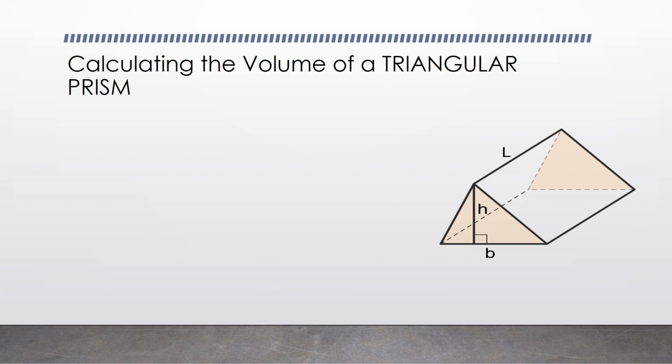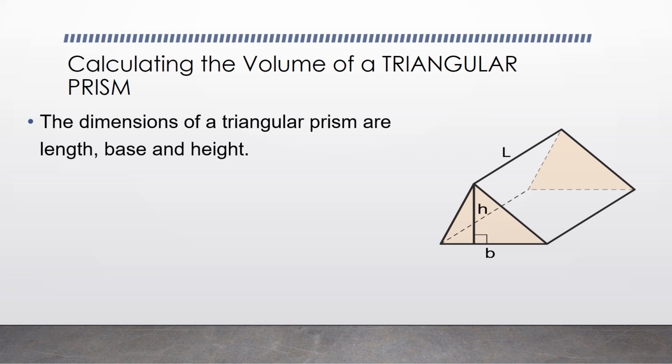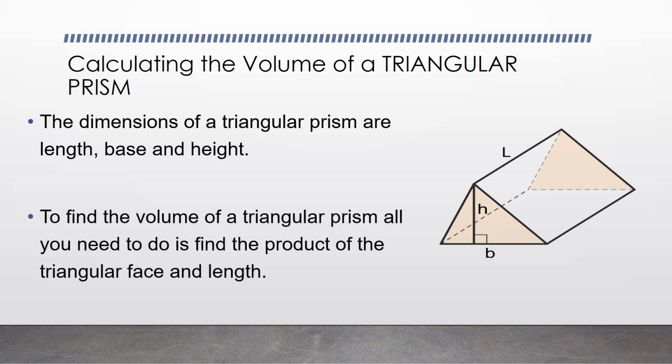How to calculate the volume of a triangular prism? The dimensions of a triangular prism are length, base, height. And please remember, the height that we're talking about is the perpendicular height. To find the volume of a triangular prism, all you need to do is to find the product of the triangular face and length.